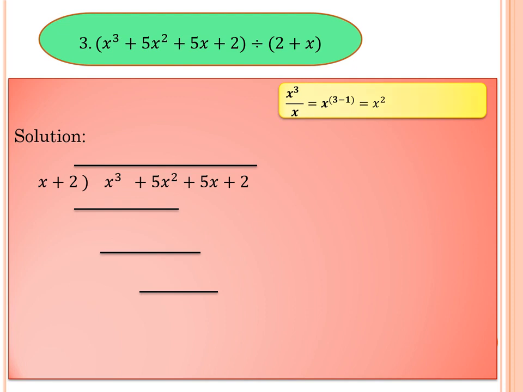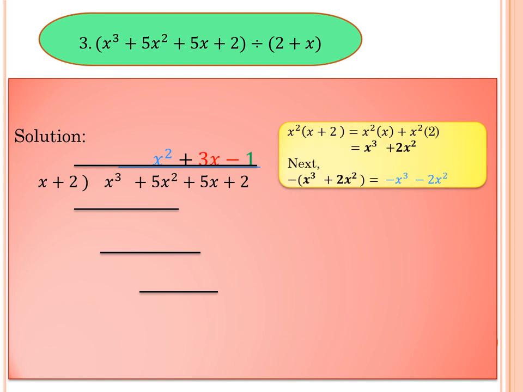Okay? So, makikita mo dyan yung x squared. Yung kulay blue, yan yung first term ng quotient natin. Now, multiply natin yan doon sa divisor natin. So, we will have this one. X squared times x plus 2 is just equal to x cubed plus 2x squared. Okay?